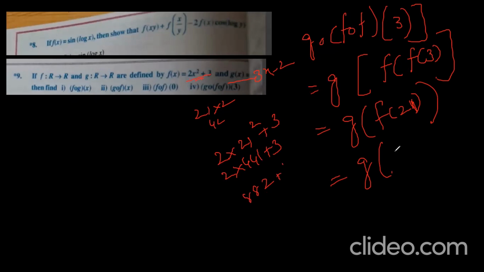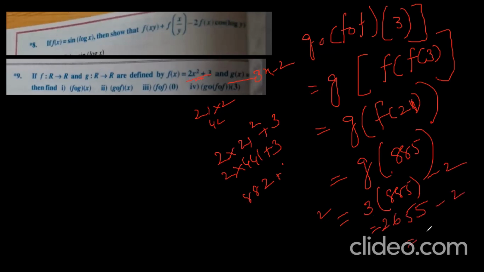That means g of 885 you have to find. g of 885 is 3x minus 2. 3 into 885 minus 2. 3 5s are 15, 3 8s are 24, 25, 3 8s are 24, 26, minus 2. So 2653. 2653 is our answer. In this manner, we can easily calculate all the things.